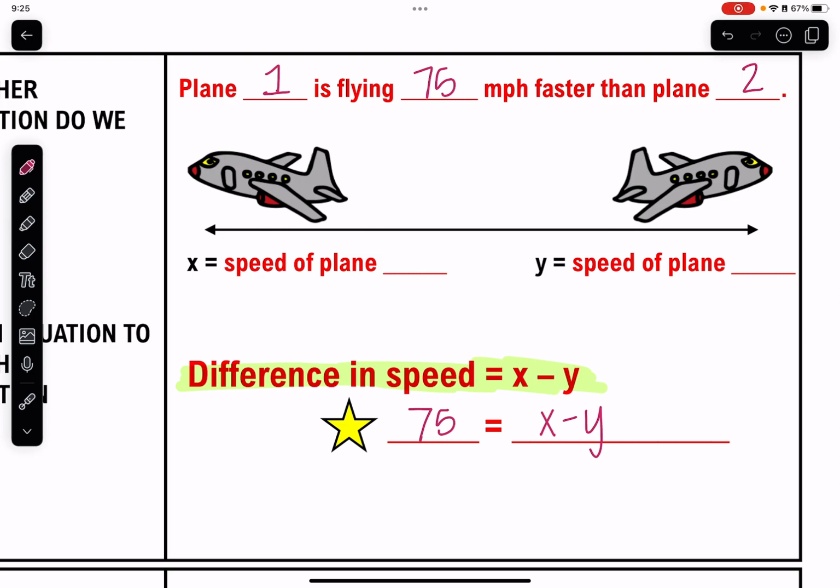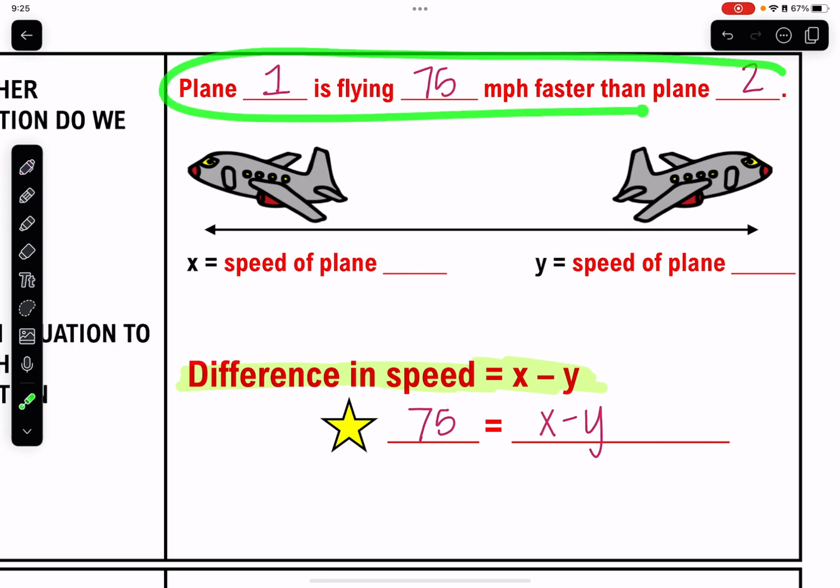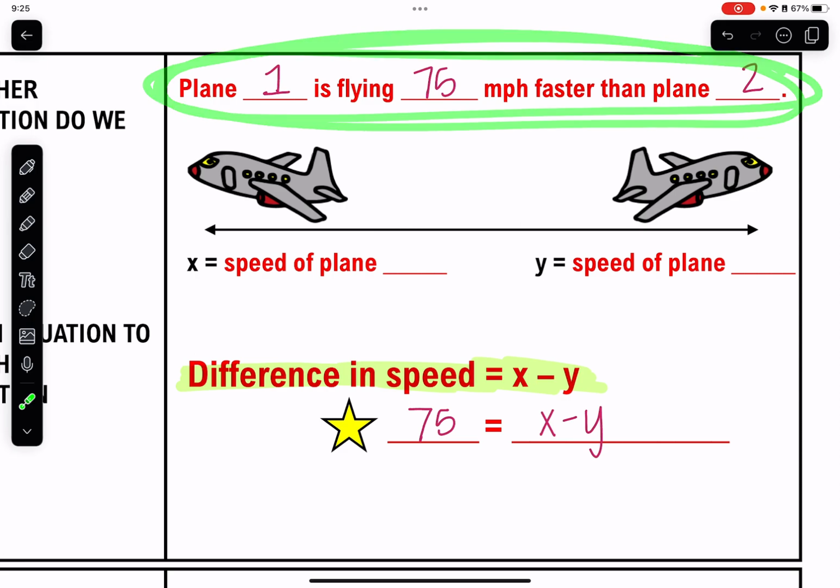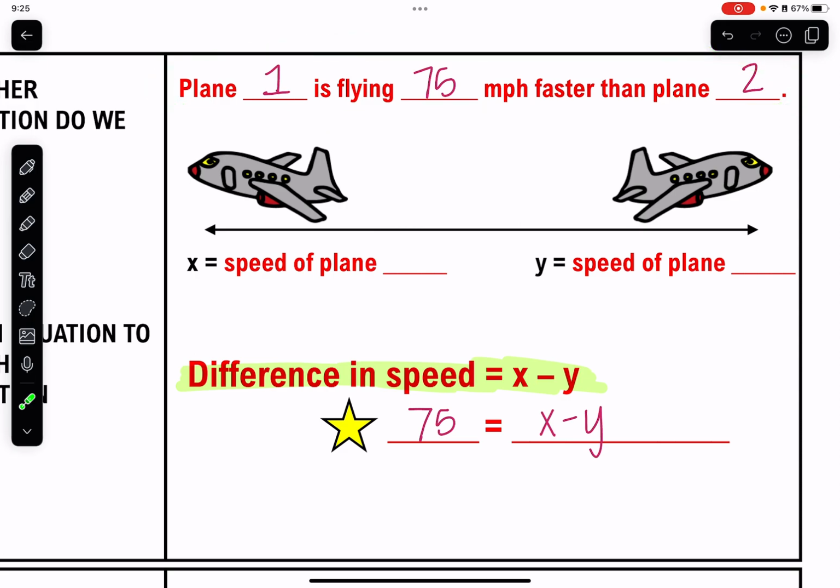But I also want to talk about this another way. If you're like, okay, I'm not really going to remember that, or that doesn't make a lot of sense to me, another option is to turn this sentence into an equation. Because a lot of people can understand that sentence. We say plane 1 is flying 75 miles faster than plane 2. So plane 1, that is the x variable, right?